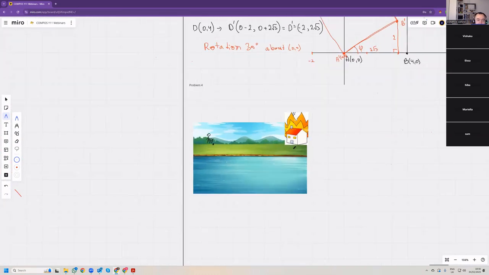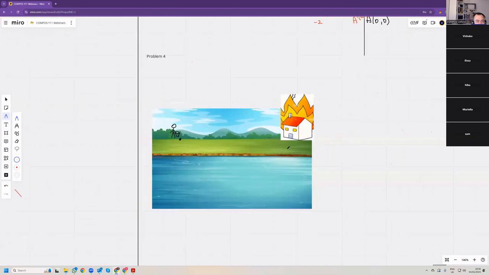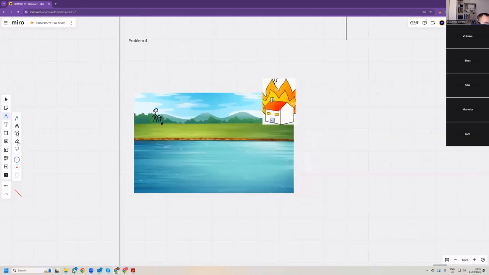Right, problem 4. This is a reflection. So this is a problem where you are standing at A, holding an empty bucket.